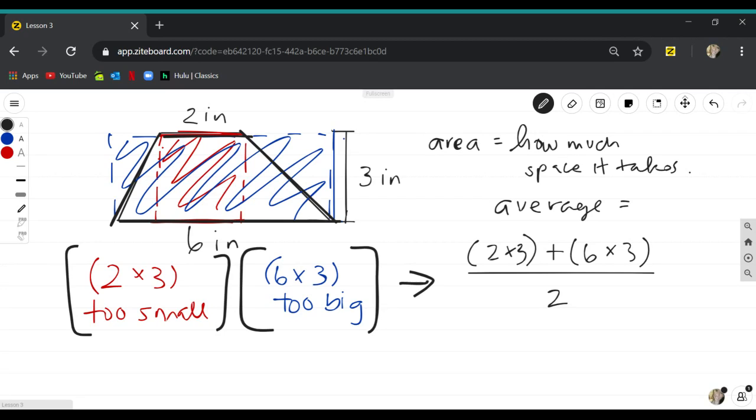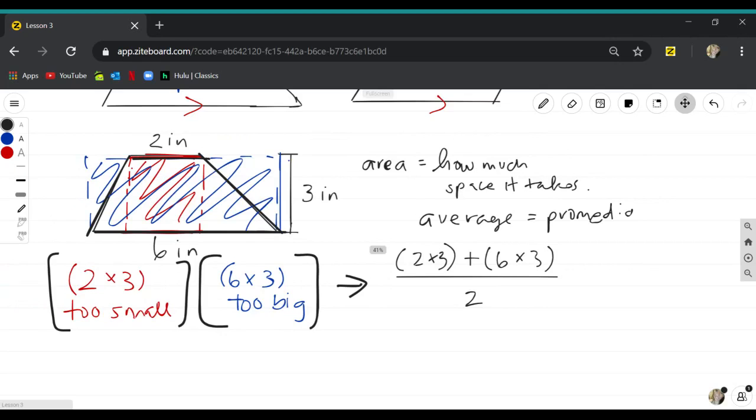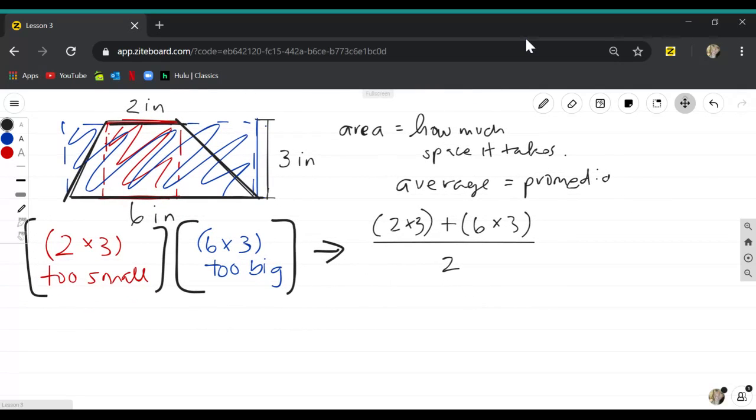Another word for average, in Spanish, is el promedio. We want to find the average, el promedio de los dos. To find the average, I have to add them both up and then divide by 2 since there are 2 of them. So what if I take out a 3?